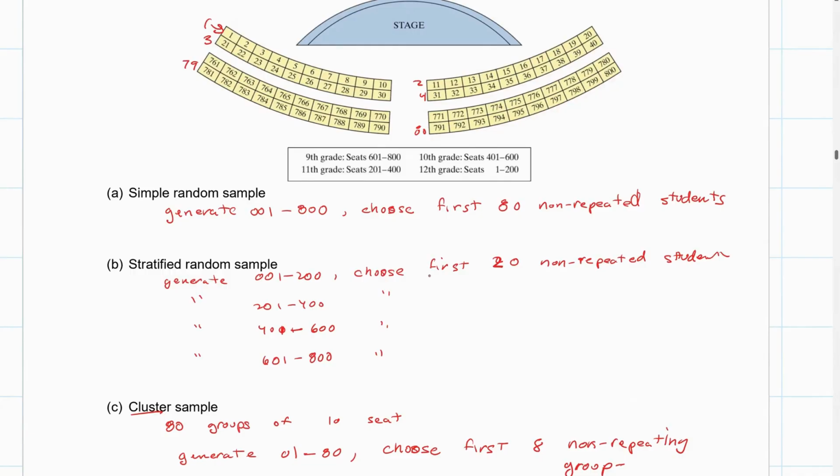And that will get us 80, and they're all closer together. That makes it easier to talk to them because they're all close together. All right, that concludes our 411 lecture.